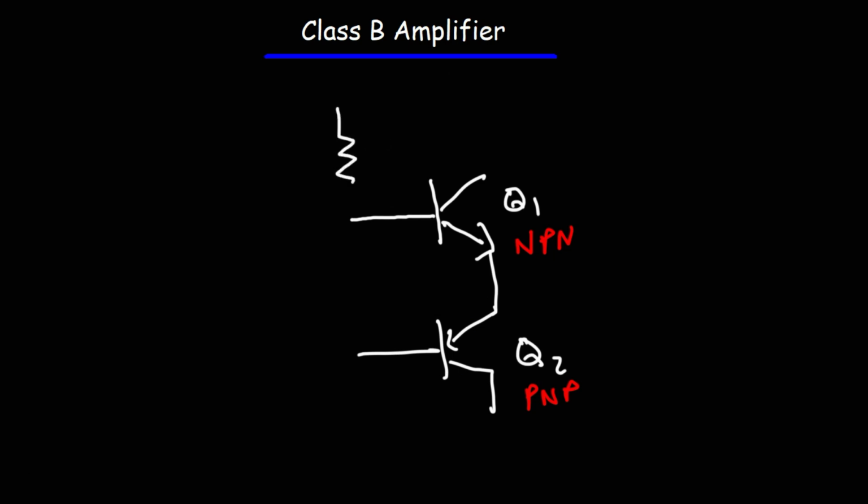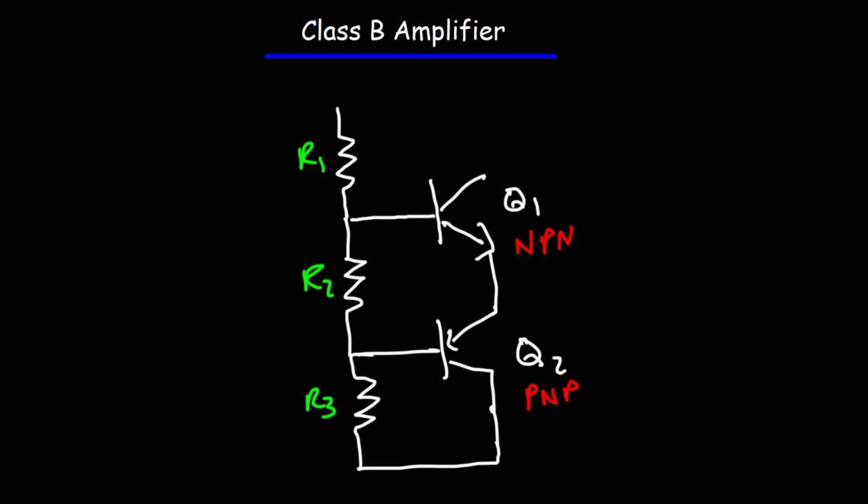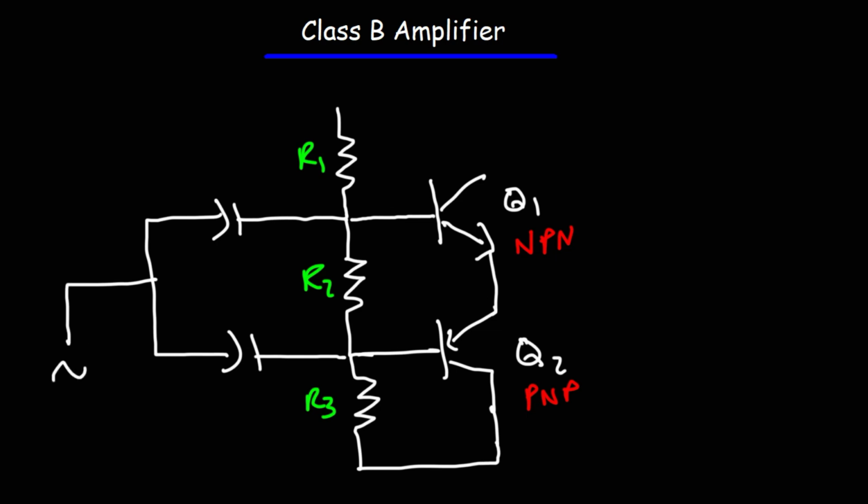Now we need 3 resistors, one of which will be between the bases of the 2 transistors. So we're going to call this R1, R2, and R3. Now the input signal is going to be coupled through 2 capacitors, and it's going to be connected to the ground as well.